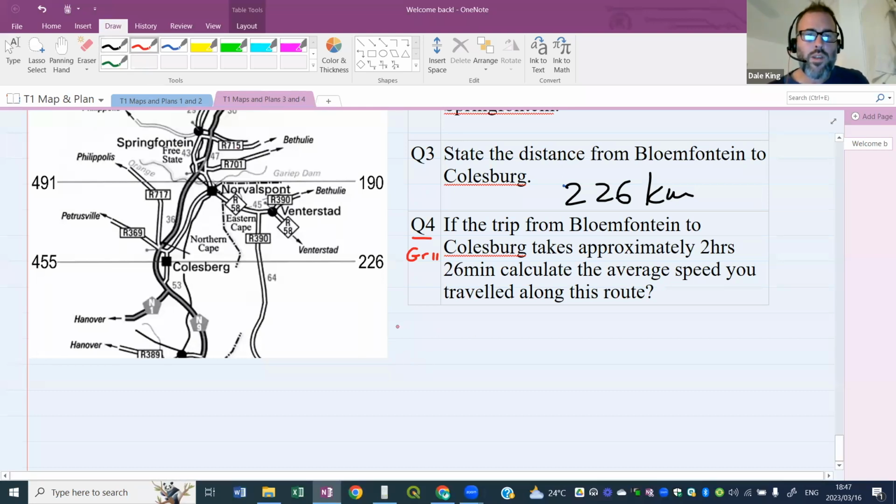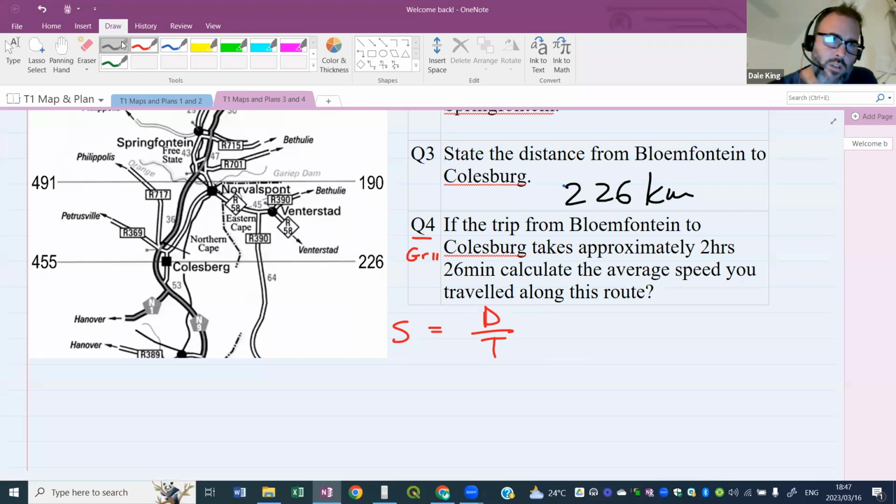I'm going to give you the formula. Speed equals distance over time. Speed equals distance over time. So for this formula, you need a distance and you need a time. Now, my biggest concern, and this is what caused trouble last time, was what are you going to put in for time?